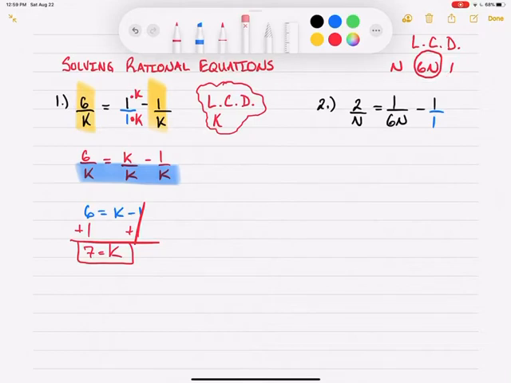So what I'm going to do is look at what I need to change, which is this n and this 1. To change the n, I just need to multiply by 6 on the top and the bottom. To change the 1, I need to multiply by 6n on the bottom and the top. And then this in the middle is going to stay exactly the same because I don't need to change the denominator.